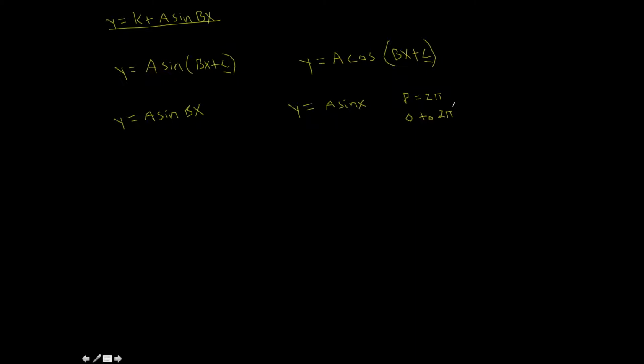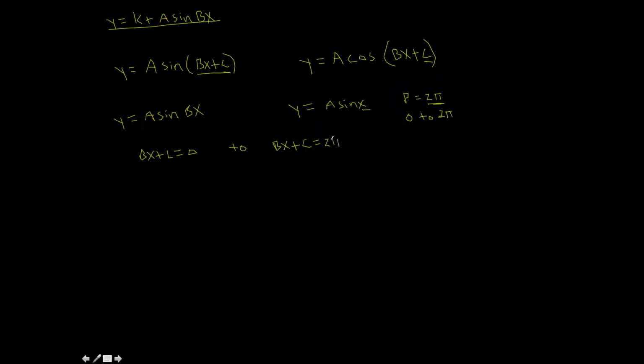Well, if that's the case, then if this angle gives us a period of 2 pi, bx plus c should give us a period of 0 to 2 pi. So we can take bx plus c, set it equal to 0, and bx plus c, and set it equal to 2 pi.